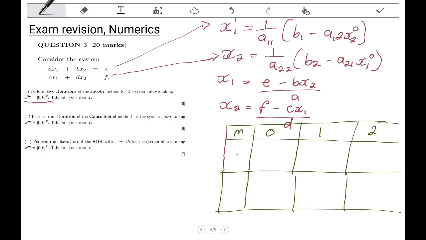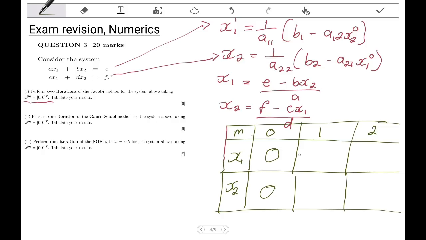So there's going to be x1 here, and this is x2. Here we're going to put the results as m is equals to 0. We are given that x1 is 0 and x2 is also 0 as the initial values. So we are substituting 0 and 0 because they are given as the initial values.